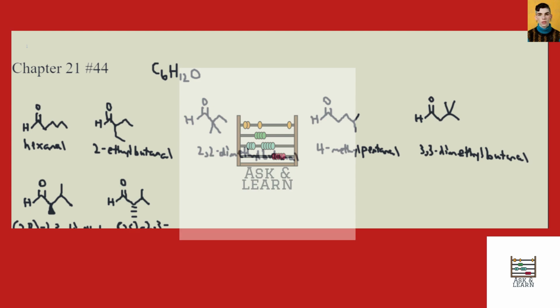Our second set of two, similarly, is going to be pentanal derivatives with just methyl groups at the 2 position. So that's going to look like this. 1, 2, 3, 4, 5. So this will be 2R-2-methyl pentanal.